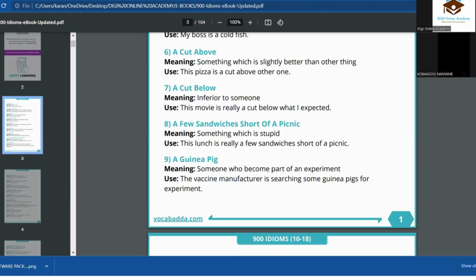Give me a minute, please. The doctors are looking for people to become guinea pigs for an experiment for the cure of cancer. Yes, exactly. You got it really right.